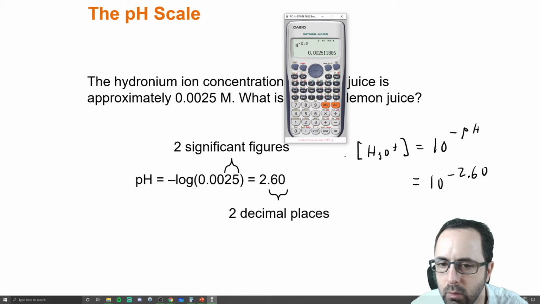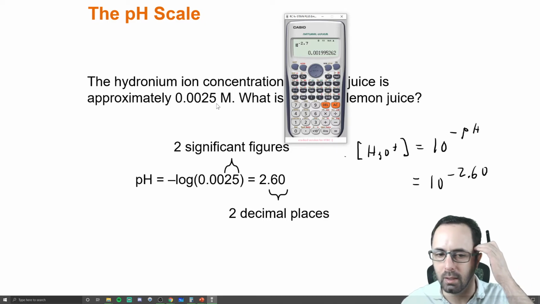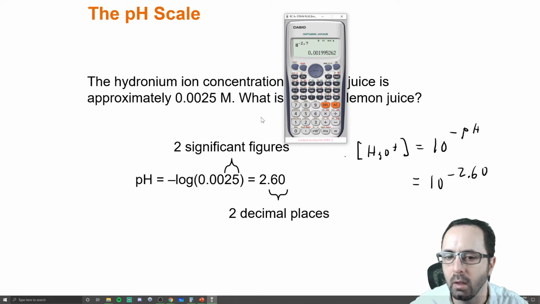I'll show you. Antilog negative 2.7. Now it's totally different, right? It's 0.0019. That is not within the right range of being 0.0025.